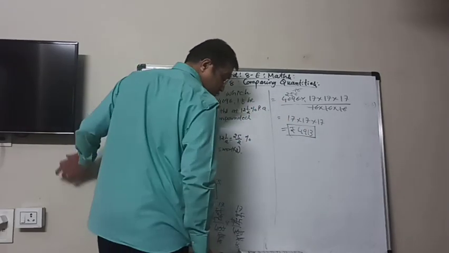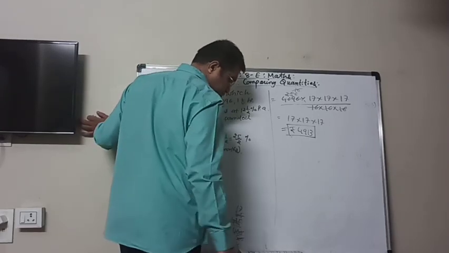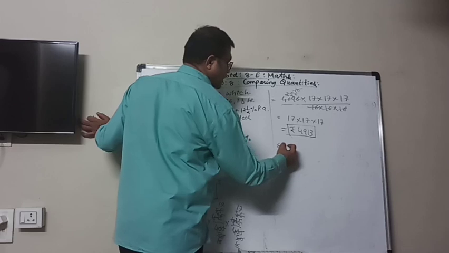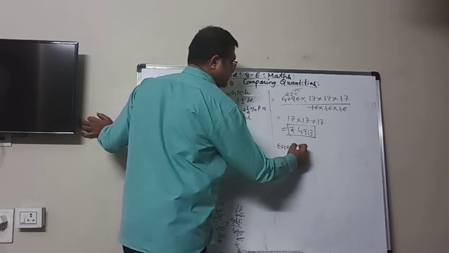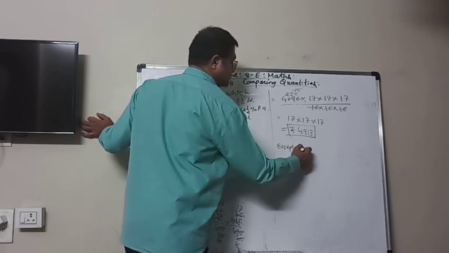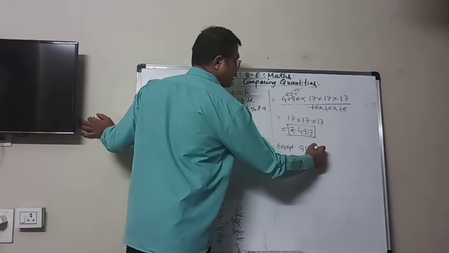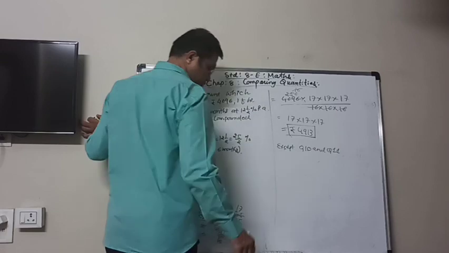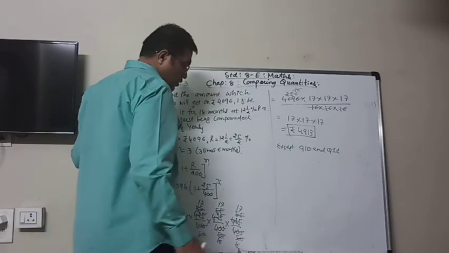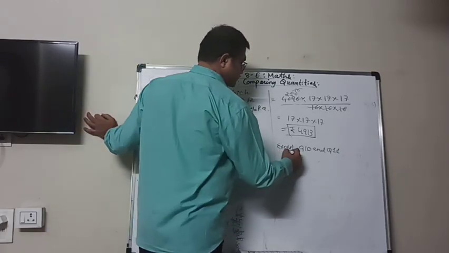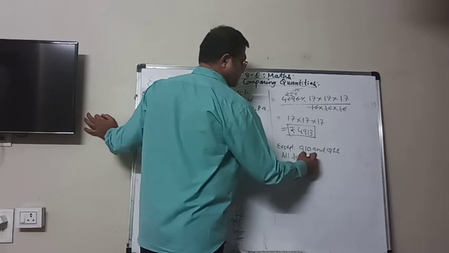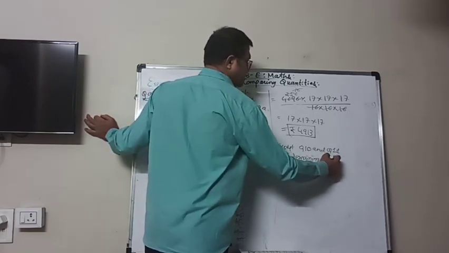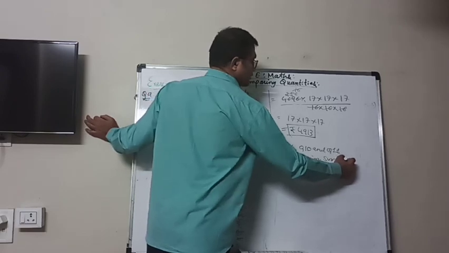Now except example 10, question 10 and question 11, all the remaining sums are for homework.